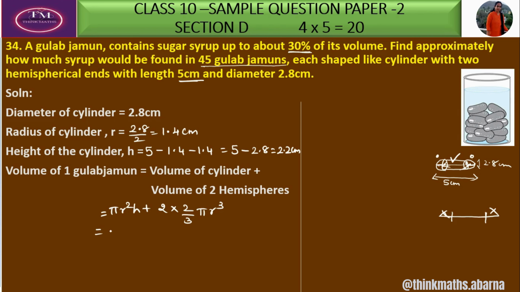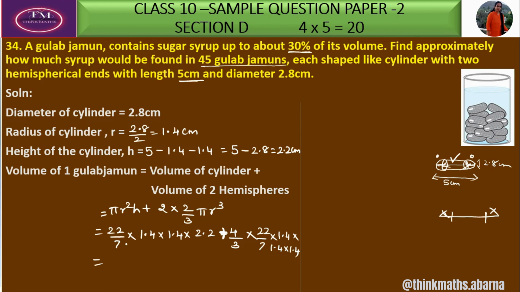Okay. So pi is 22 by 7. What is r here? 1.4. So 1.4 into 1.4. What is h? h is 2.2. So it is 22 by 7 into 1.4 into 1.4 into 2.2, plus 4 by 3 into 22 by 7 into 1.4 into 1.4 into 1.4.